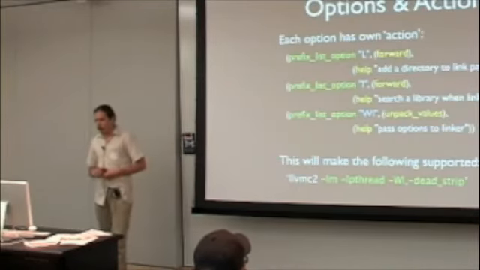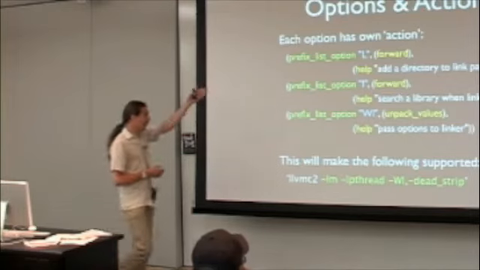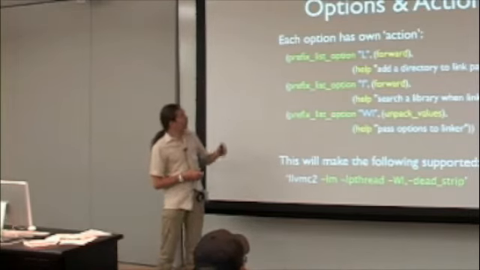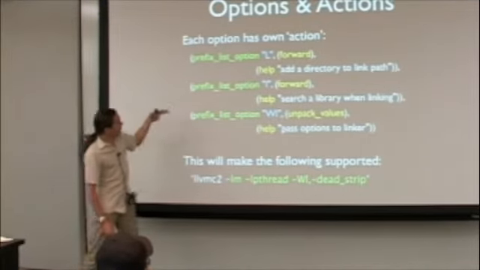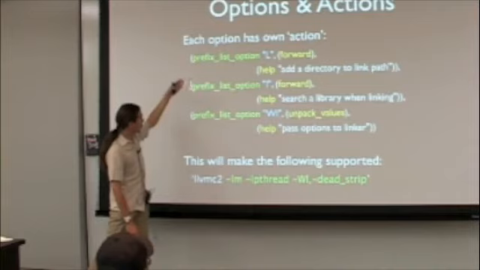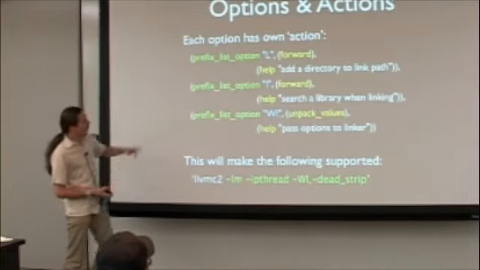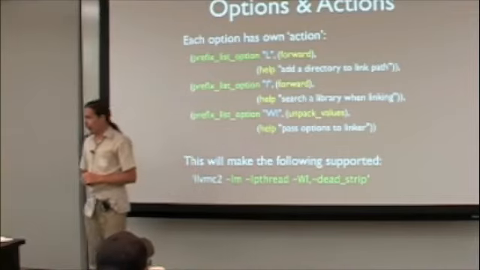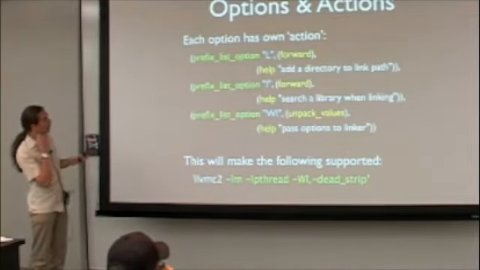How should one define the set of options? It's pretty easy. Here we define three options. We define the action, which is used to forward this option to the tool.